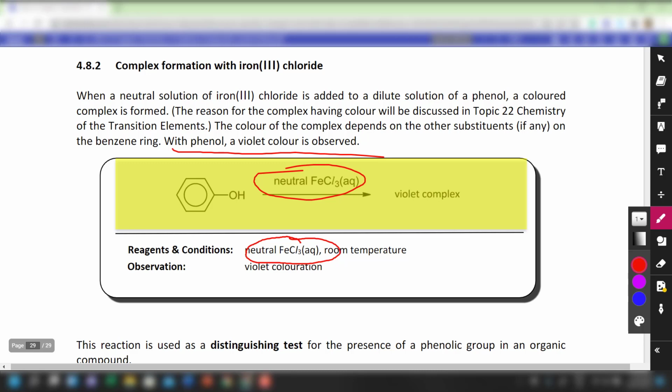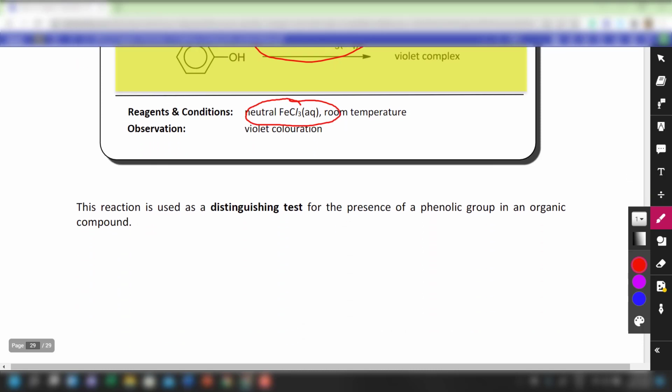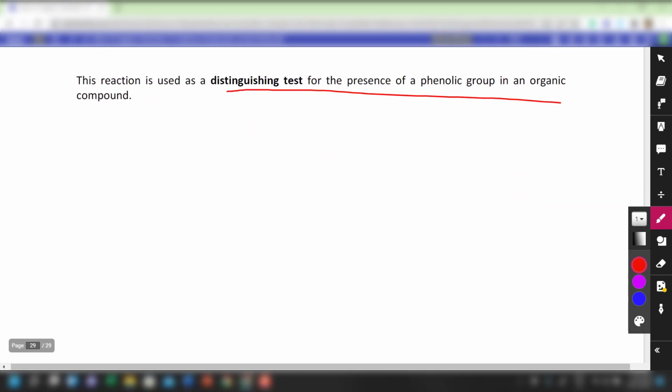This is a very obvious test for phenol, something which I need all of you to take note of. You'll end up with a purple complex when the phenol coordinates to the iron 3. So this is a distinguishing test for the presence of a phenolic group in an organic compound.